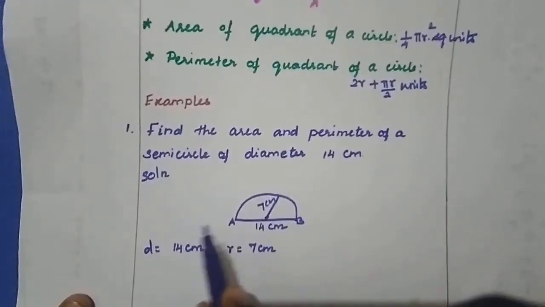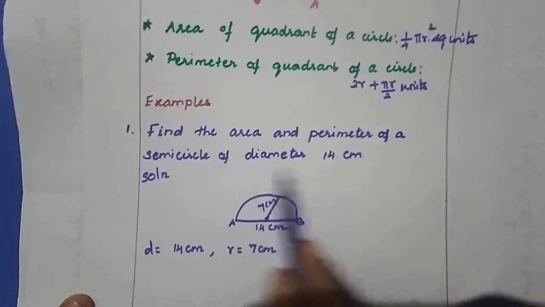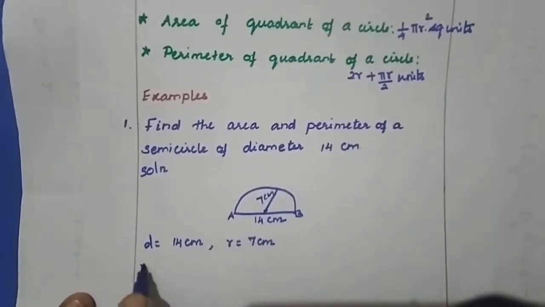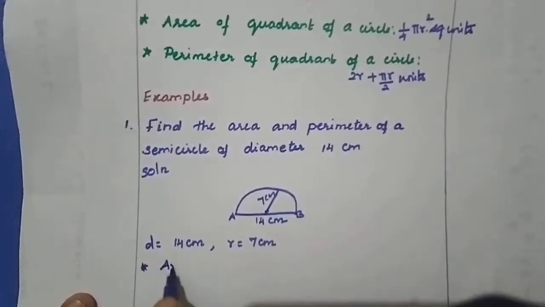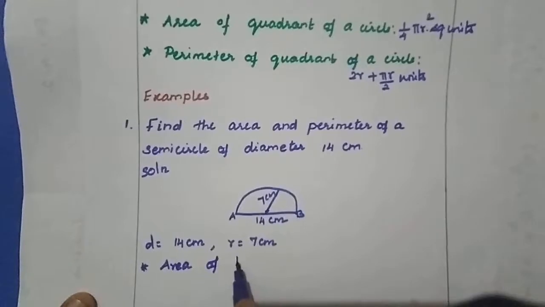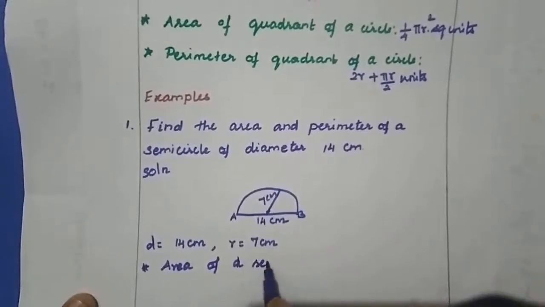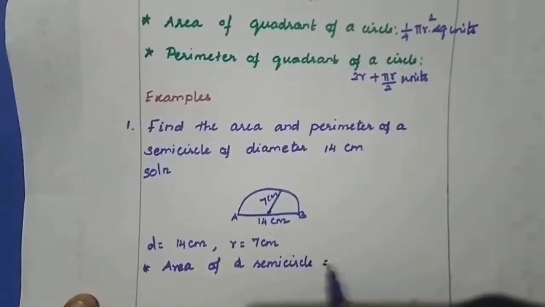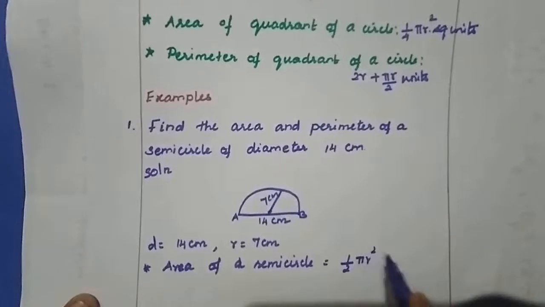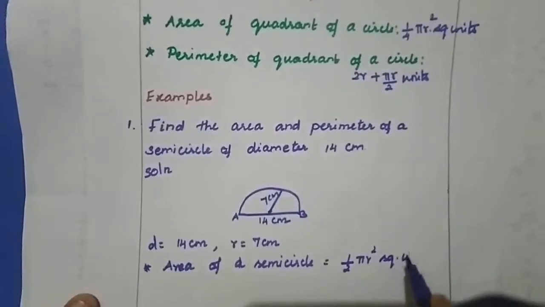What they ask us to find? First one is area, and the second one is perimeter. So let us find the area first. Area of a semicircle. So what is the formula? 1 by 2 pi r square units.